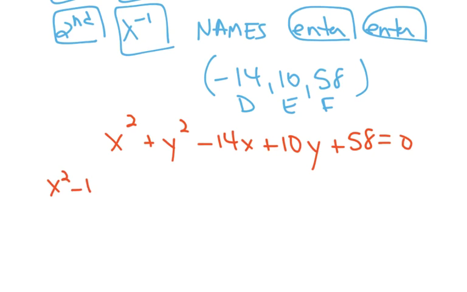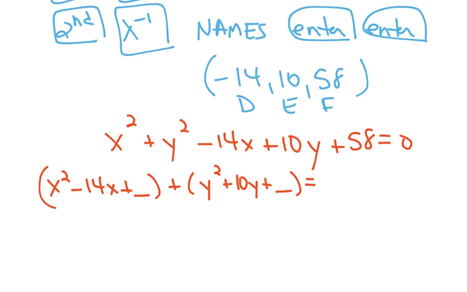You start by putting the terms with the x's together with a blank, plus the y's get their own parentheses with a blank, equals, I'm going to move negative 58 over to the other side, and since I'm adding 2 new numbers to the left, I'm going to add 2 new numbers to the right.